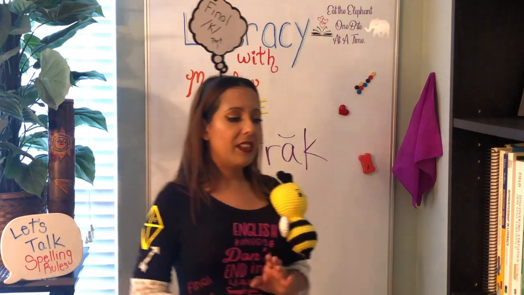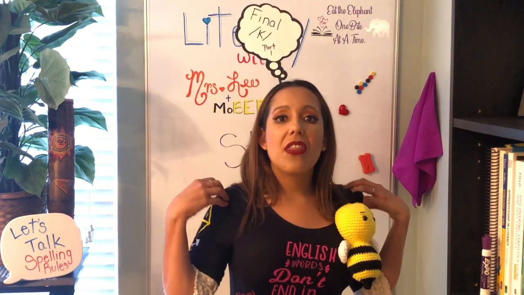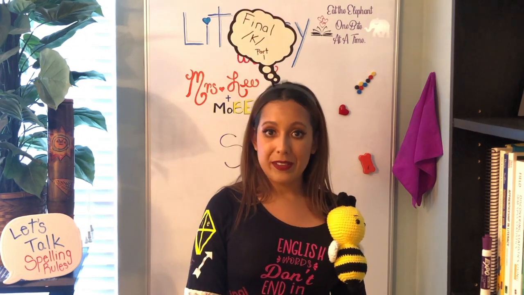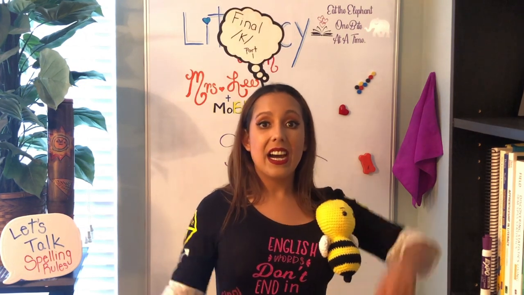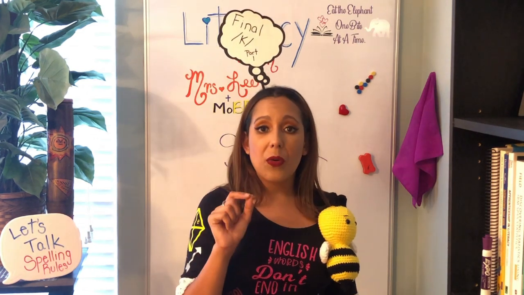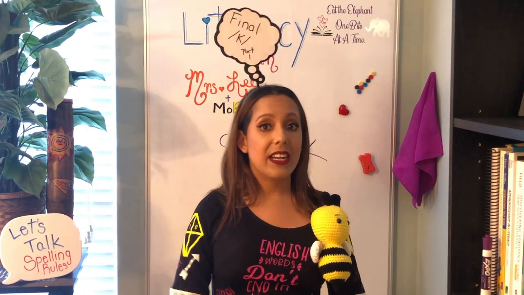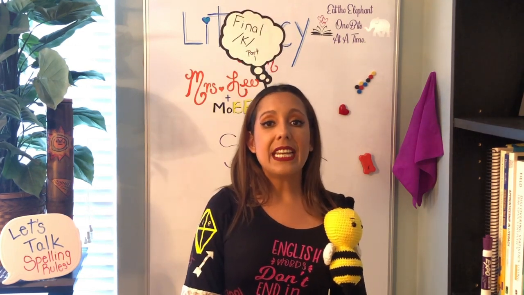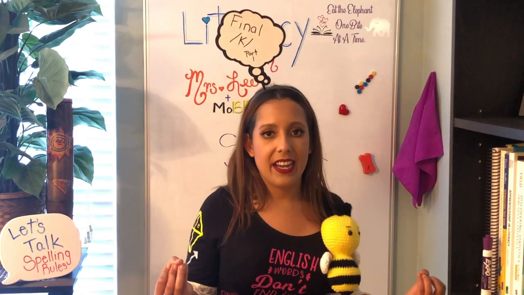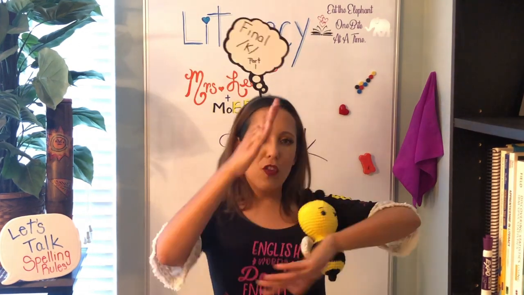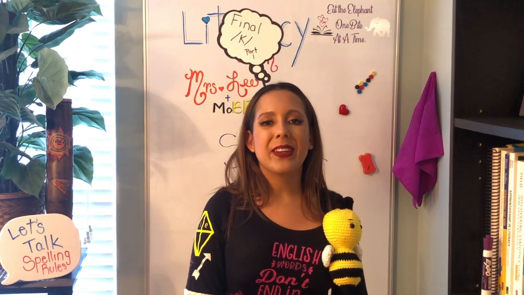So now let me teach you the rule. In a word that ends in a k sound and it has a short vowel before the k sound, you spell that k sound with a C and a K. I know that was a lot, so let me make it simpler.